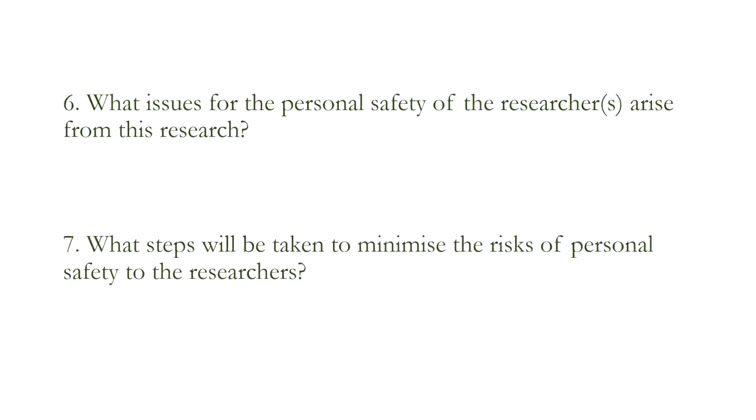Questions 6 and 7, as I mentioned earlier, relate to the personal safety of the researcher and how you're going to minimise risks. For English, it's very unlikely that there'll be anything too detailed for these questions. But something which came up in recent applications that I've reviewed has been the COVID-19 situation.